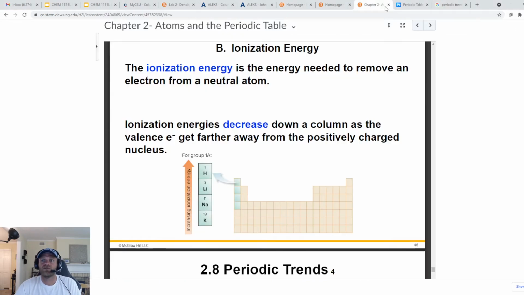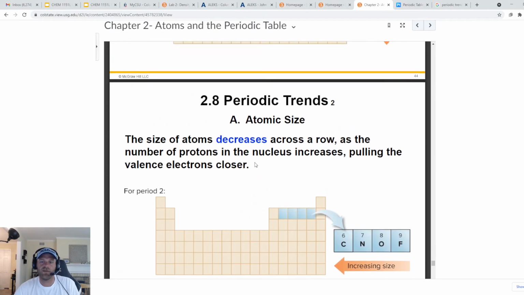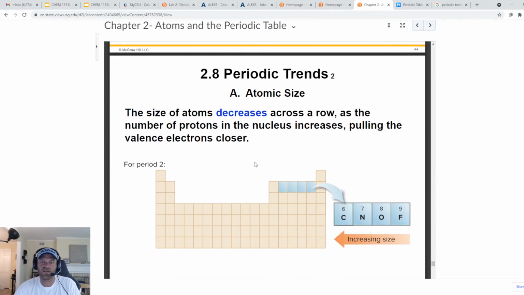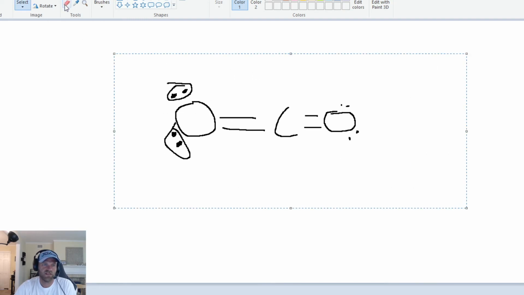Okay, so going back here, let's look at, what do they talk about first? Atomic size. So atomic size decreases across a row, but increases as you go down. All right, so just doing like a little drawing. Let me kind of explain that. Wish I did have my iPad.